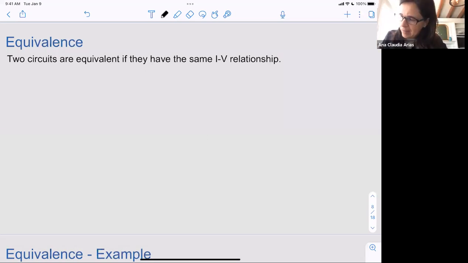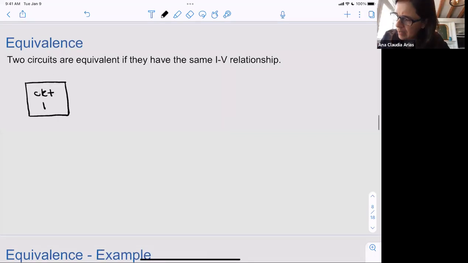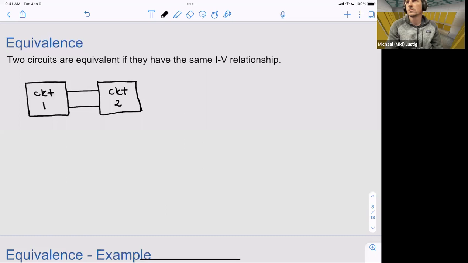So if what I gave you was a task to design, I'm going to start using circuits like this, short writing. Circuit 1, and then I am going to connect this to another block of circuit, which I'm going to call 2 to be creative.